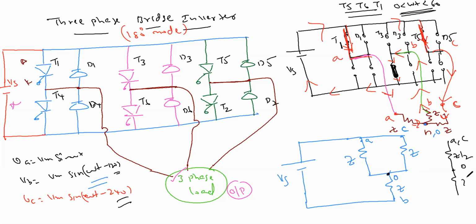And this is Z, and this is O and P. Voltage is Vs. Get me the value here now. Voltage division use करना है.